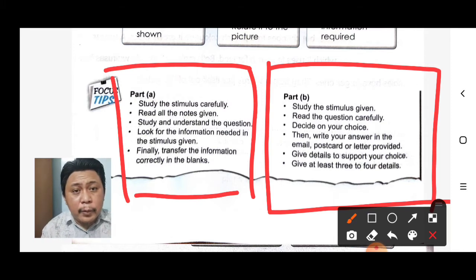It means you have your main content, so you have to elaborate your sentence. That is the reason you choose this content, so you give details to support your choice.